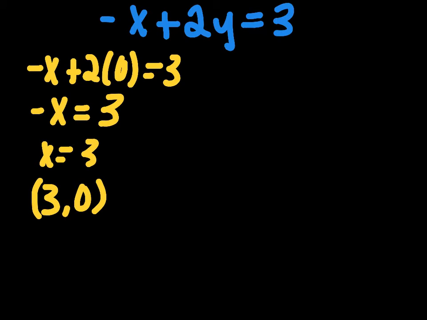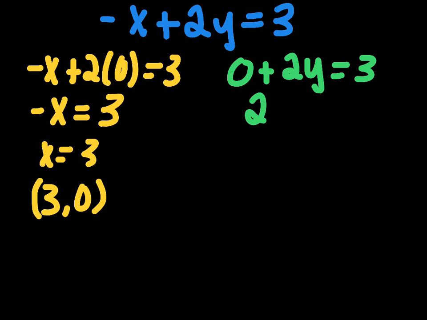And then if we do it for the y, we'll have to make our x 0. So 0 plus 2y equals 3. 2y equals 3. Y equals whatever 3 divided by 2 is.